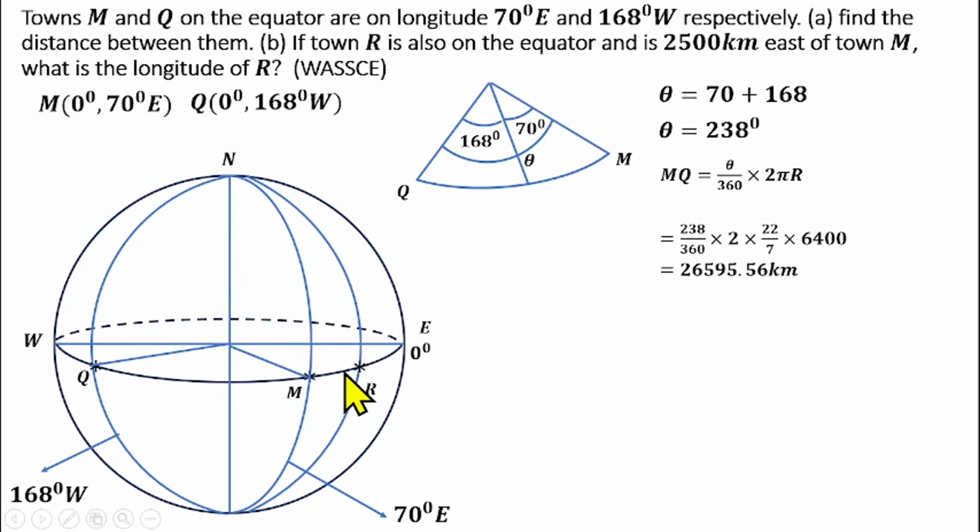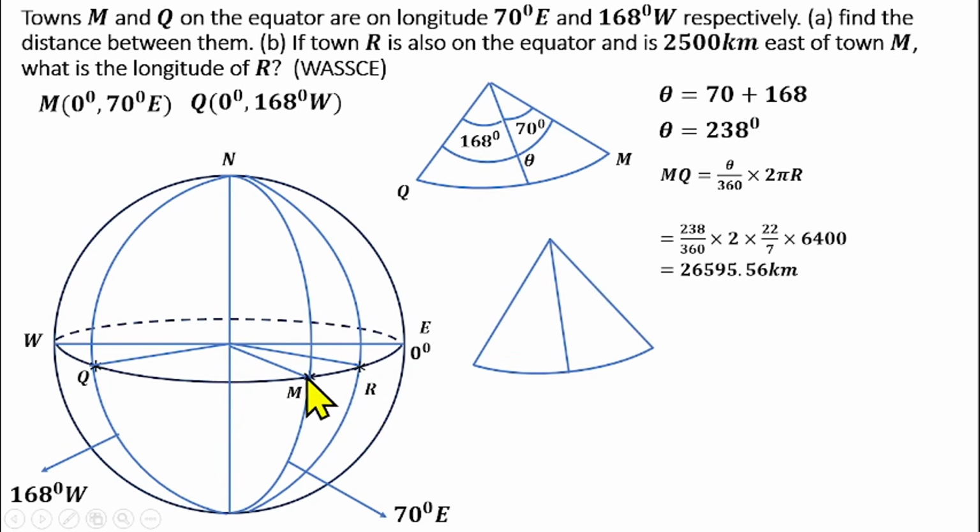So we can use that to find the longitude of R that we want to find. Since R is also on the equator, I can draw the radius from the center to that point R. Then I can bring out this diagram between M and R. So that will be this line, then this radius and this radius. So I'll be having something like this and draw the arc.